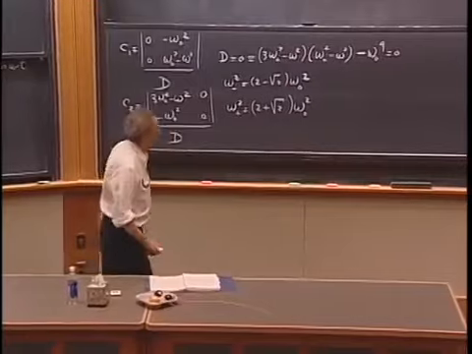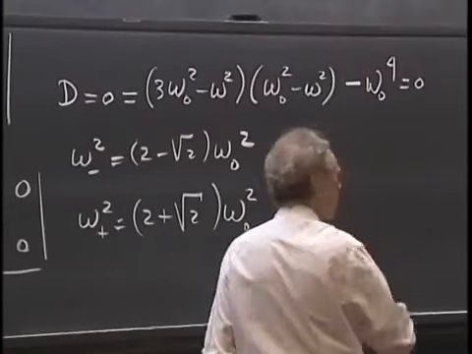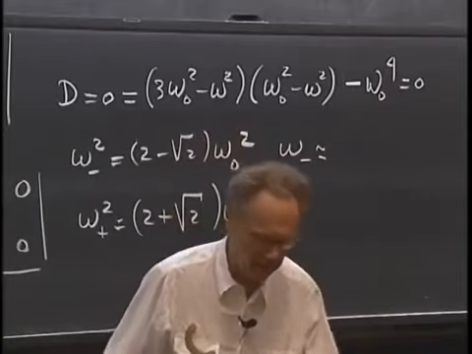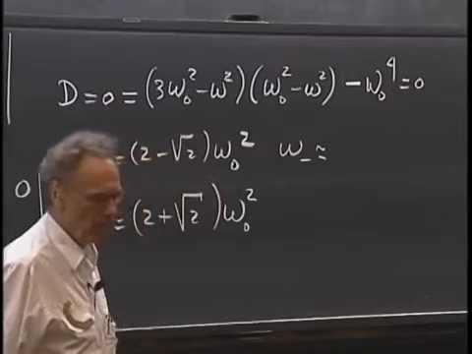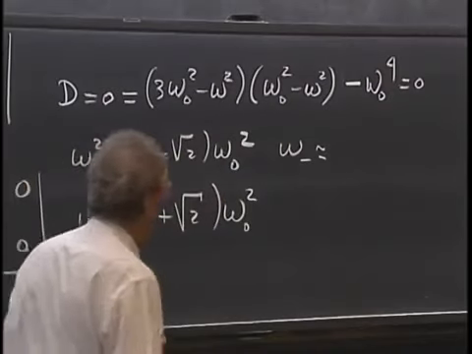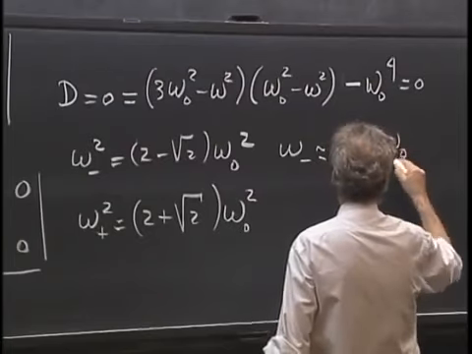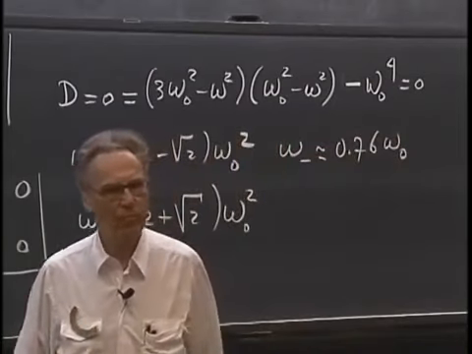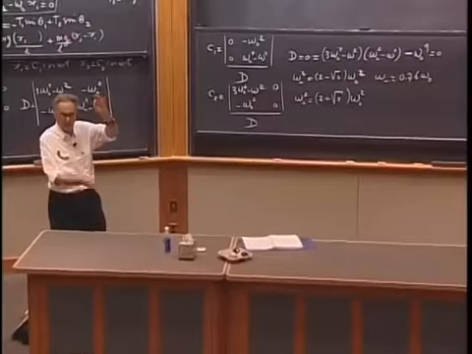So we now have a solution that omega minus, if I calculate 2 minus square root of 2, is approximately 0.76 omega 0. Not intuitive at all, so it's lower than the resonance frequency of a single pendulum.